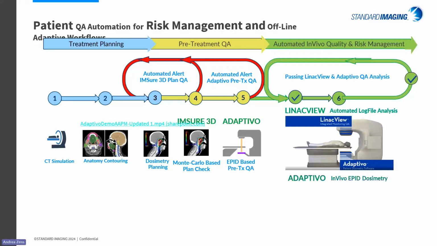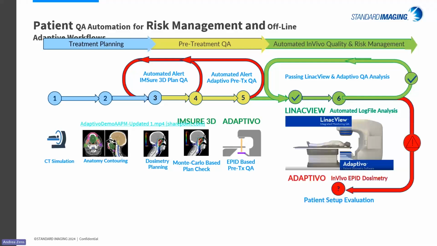It's time to set a new standard, and Standard Imaging's comprehensive automated in vivo solutions address modern treatment challenges and associated risks. Adaptivo's in vivo EPID dosimetry module, along with LINAC View's real-time log-based machine performance checks, raise the bar for comprehensive patient QA and risk management.